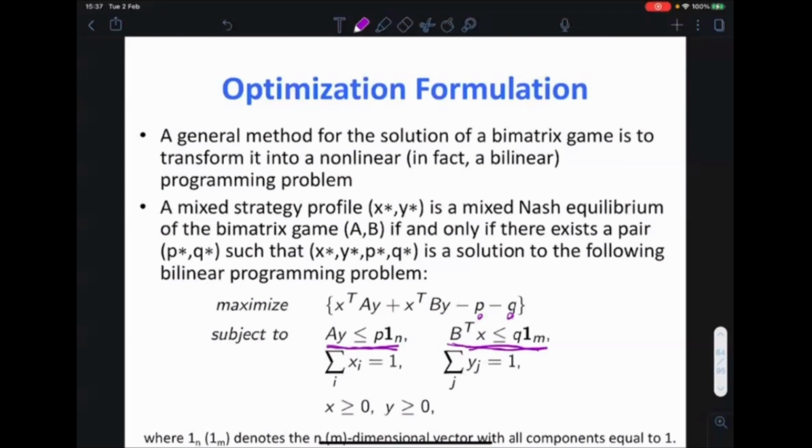The x transpose A y will become the expected payoff for, let's say, agent 1, agent x. And x transpose B y is the expected payoff for agent 2, agent y. And we want them to be upper bounded by P and Q. Basically, this is the best reward they can achieve, and they only achieve it, let's say, in the Nash equilibrium.